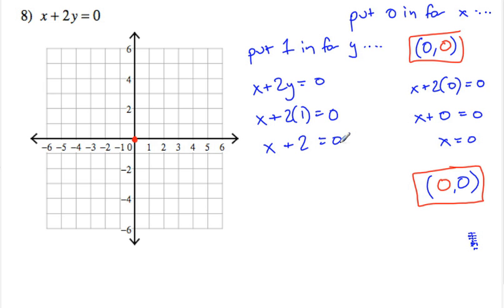Let's see, the opposite of plus is minus, so I minus 2 here. I minus 2 there. Those cancel out. 0 minus 2. Let's do this.